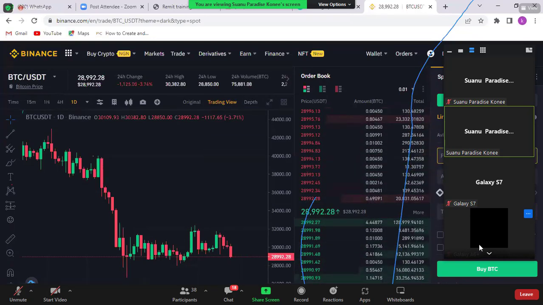Now, look at it. For the purpose of this class, I just transferred 45 USDT into my spot account. I don't hold my long-term assets on Binance, and I will not advise us to hold. If you have an asset you want to hold for the long term, please hold it on a wallet like Trust Wallet, MetaMask, etc. Don't hold your long-term assets on Binance.